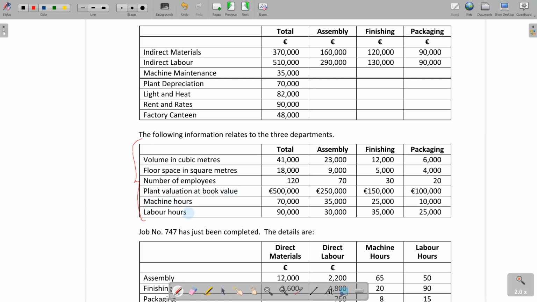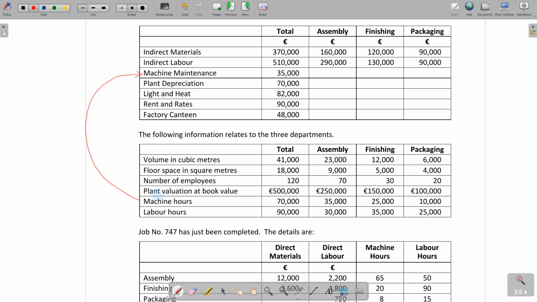Machine hours or labor hours. So machine hours are what we're going to be using to find a rate for the machine maintenance. Machine hours is the only thing that will really affect the cost of machine maintenance.